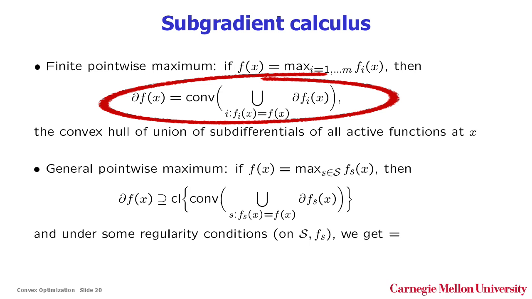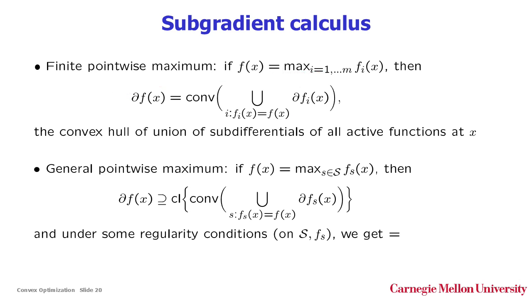Let's calculate the subdifferential of all of these active functions. Then the subdifferential of the maximum function f can be found as the convex hull of the union of the subdifferential sets of the active functions.